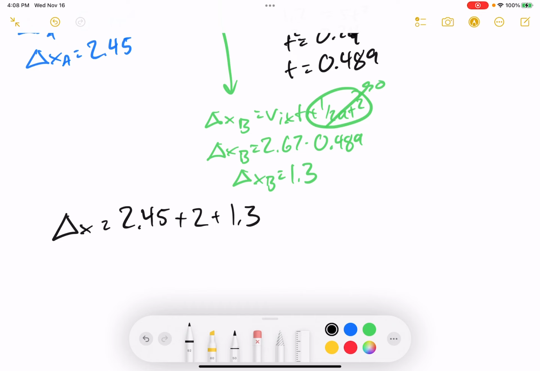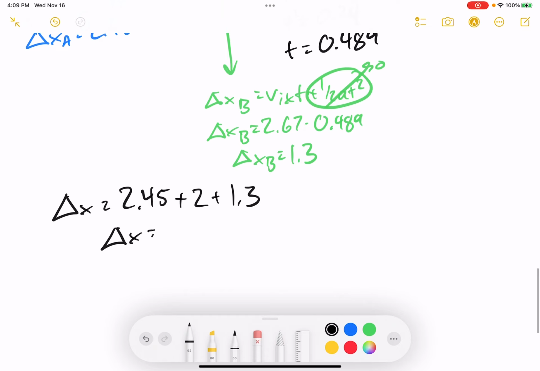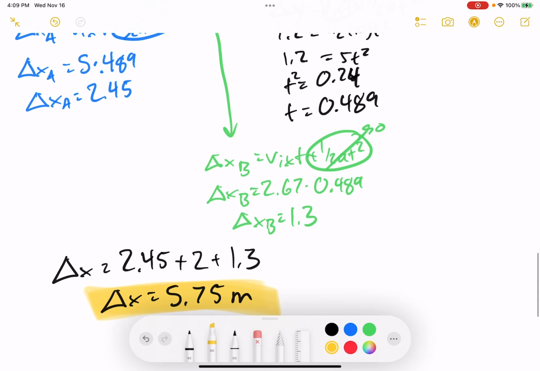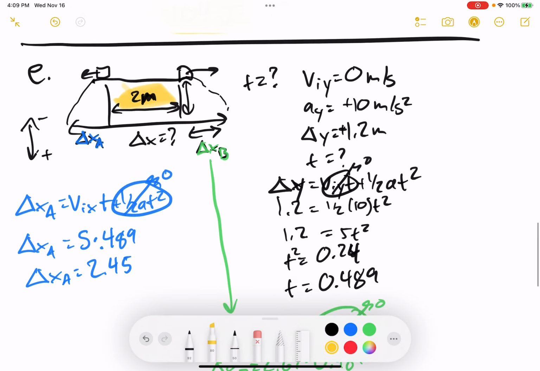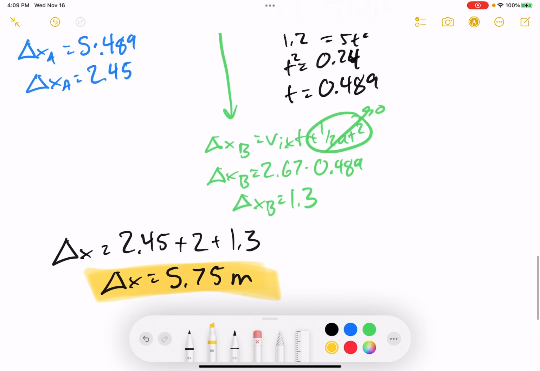So 2.45 plus 2 plus 1.3. And so I get delta x equals 5.75 meters. Okay, and that would be my final answer. Okay, once again, it's slightly off the answer key, but that's not something to worry about. That could also be that they used 9.8 for g instead of 10. Okay, but that would be your answer.